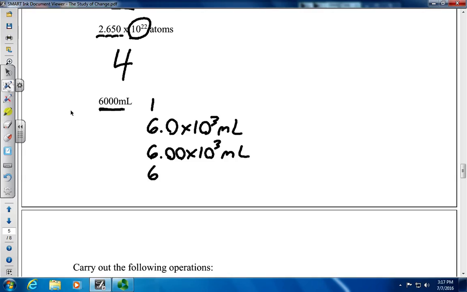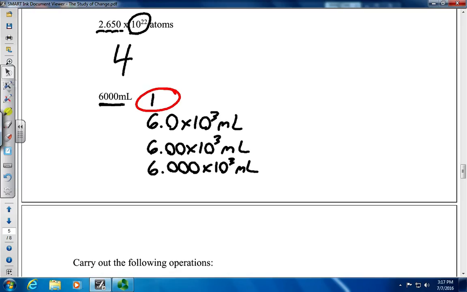Or it could even be 6.000 times 10 to the third milliliters, which would be considered 4 significant figures. But for the sake of argument, we're going to just stick with the 1 significant figure as our answer for this particular problem, because we're not given the decimal place.